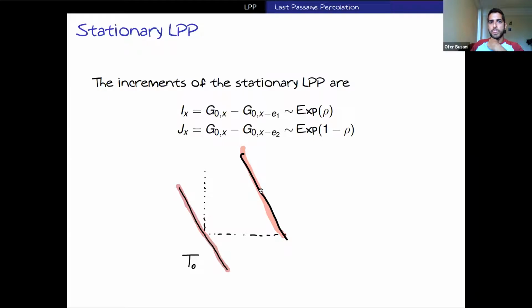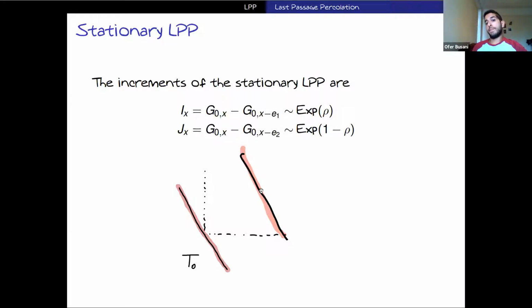Right, so why is this called stationary in the first place? As we said, if we are considering an anti-diagonal that is north and east of T0, this is just a sequence of down-right paths, right?